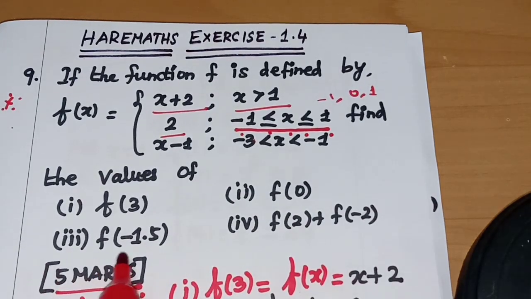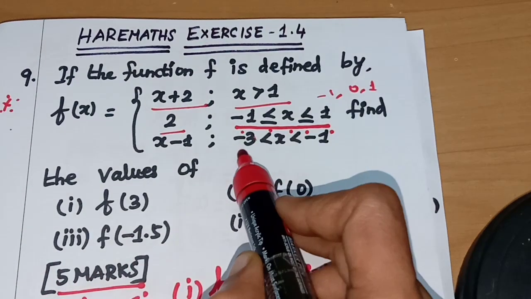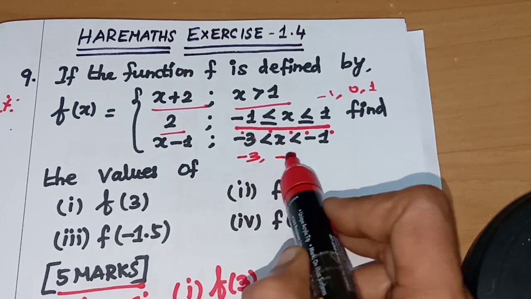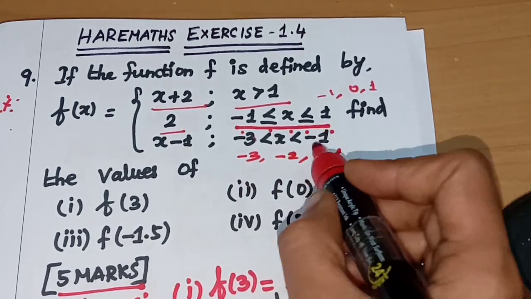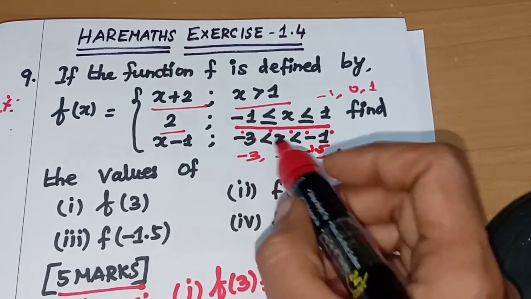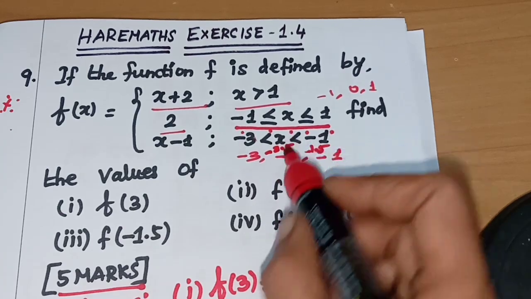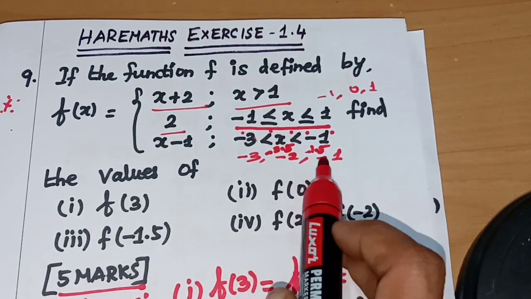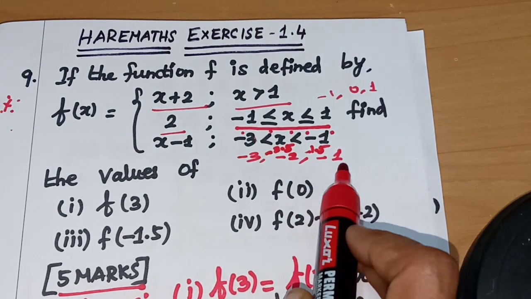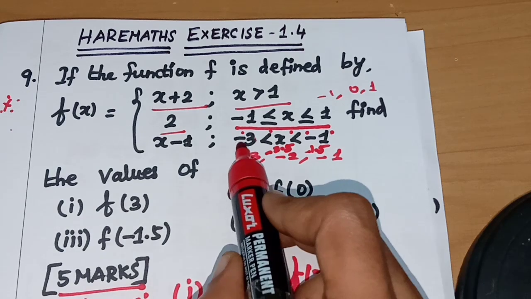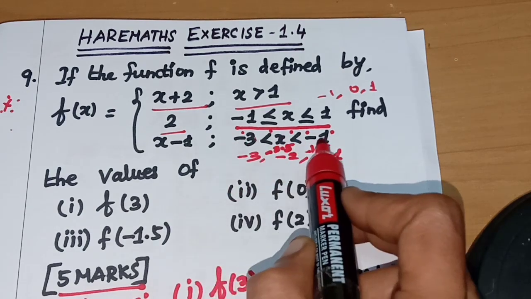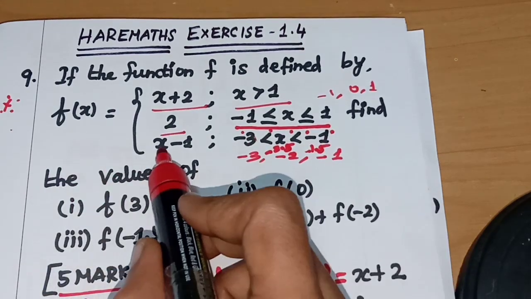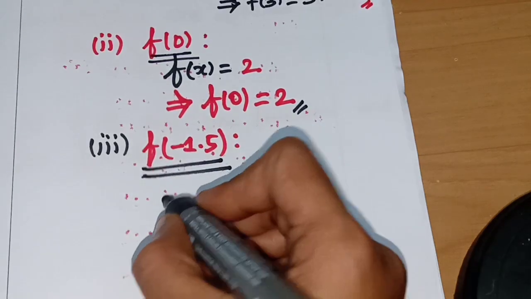Third subdivision f of minus 1.5. Minus 3, minus 2.5, minus 2, minus 1.5, minus 1. The limits minus 3 less than x less than minus 1. Function f of x equal to x minus 1.